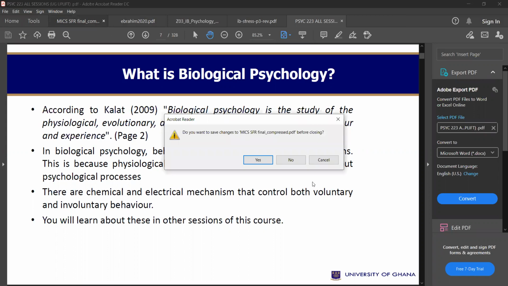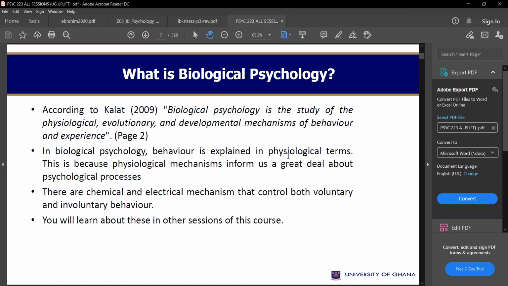Okay, so when you say biological basis of behavior, can you just break it down into simple terms? The activities that go on in the mind and the body, which lead to behavior of an organism. Exactly. So one thing is, we are talking about psychology.